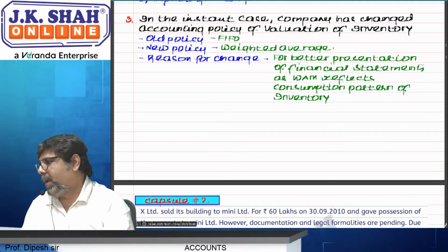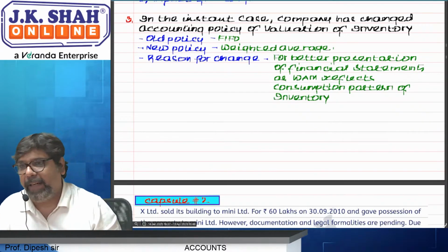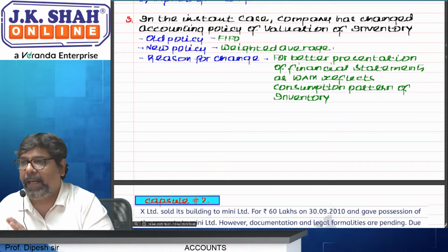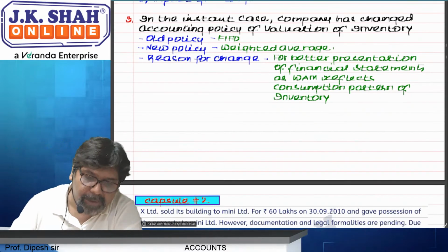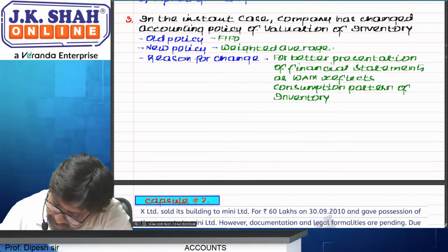Correct? That means the way we are using inventory, weighted average represents a better pattern than FIFO. Reason for change.